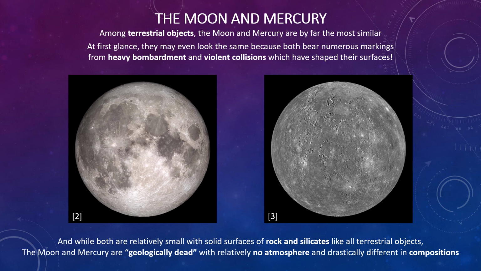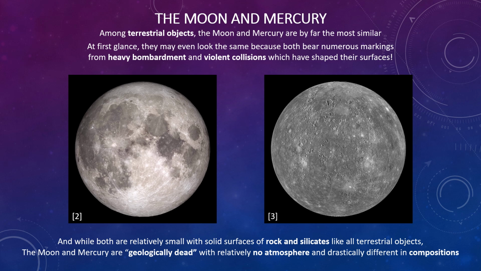So you might be wondering, why are we talking about the moon and Mercury? Well, when we use our comparative planetology and we look amongst the terrestrial objects, the moon and Mercury are actually by far the most similar. So they have some pretty similar visual characteristics in that they both have lots of impact craters from heavy bombardment and violent collisions in their past that shape their surfaces.